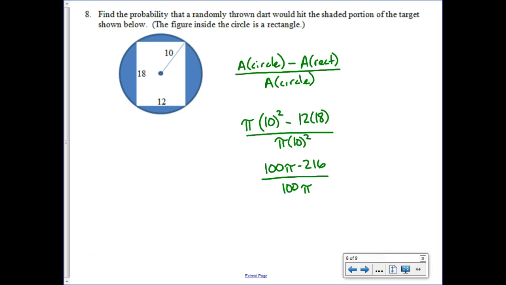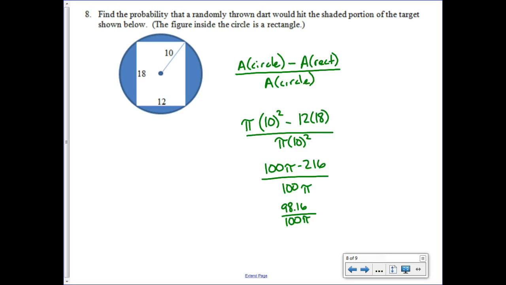Now you're not going to get a good fraction out of this because you're dealing with pi. So I get 98.16 is my top number divided by 100 pi.